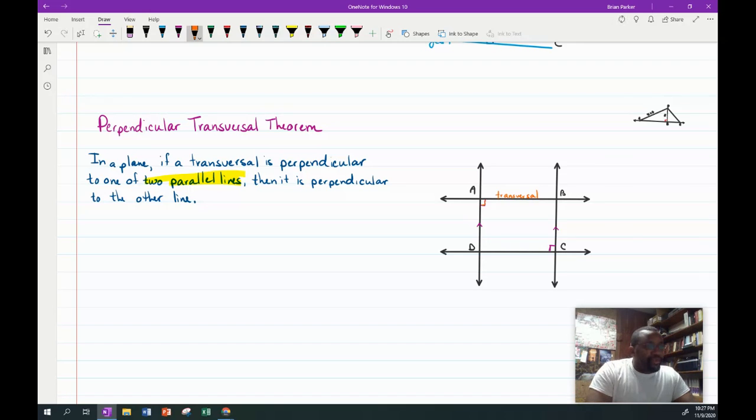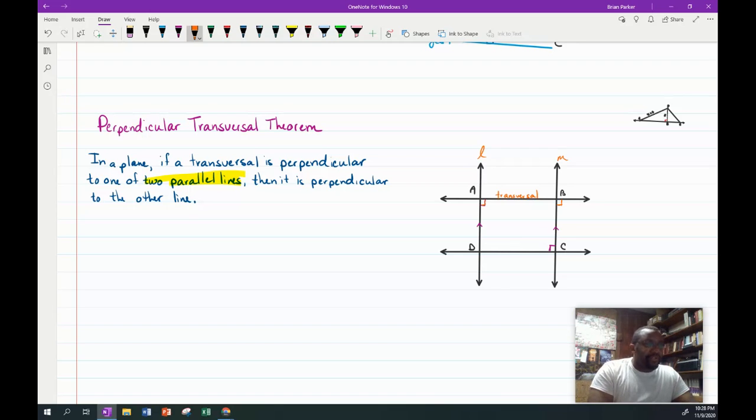But by definition, since line L and line M are parallel, they have the same slope and the same steepness. So if this makes a 90-degree angle, then this also makes a 90-degree angle. It's also perpendicular. And once again, that is the perpendicular transversal theorem.